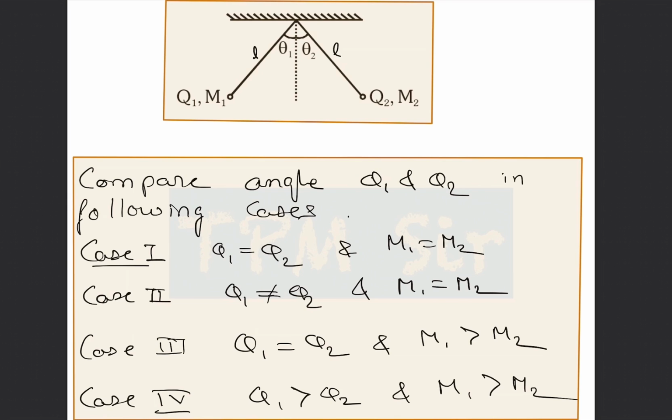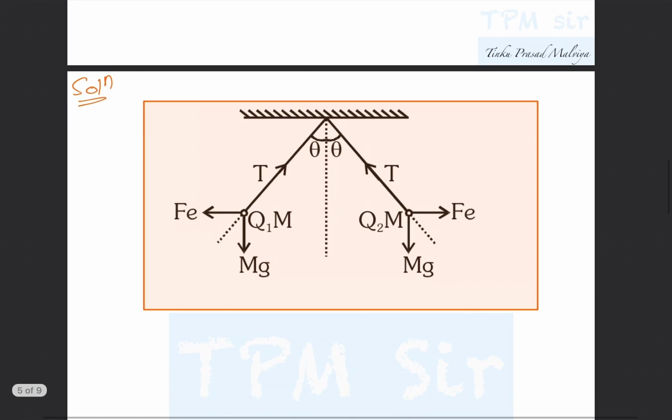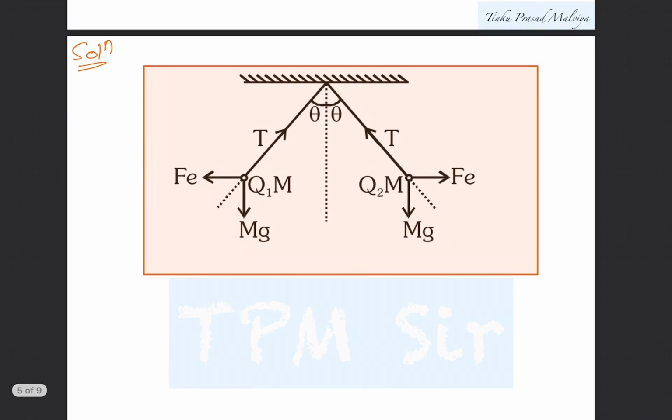So if q1 and q2 are same and m1 and m2 are both same, like both are identical particles, and obviously length of the strings are same, then consider this diagram. Suppose masses are same, and q1 q2 are same, so we know that Fe, the force of repulsion between these two objects, is k q1 q2 upon r square, right?